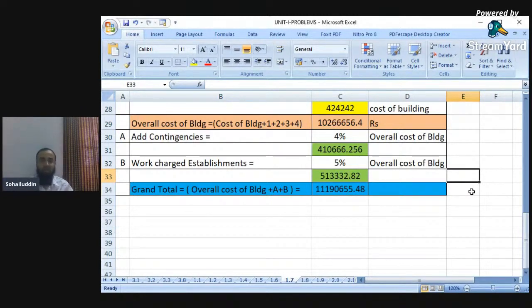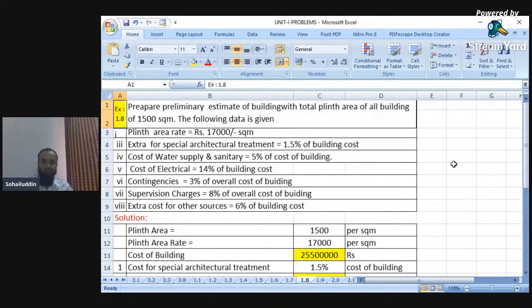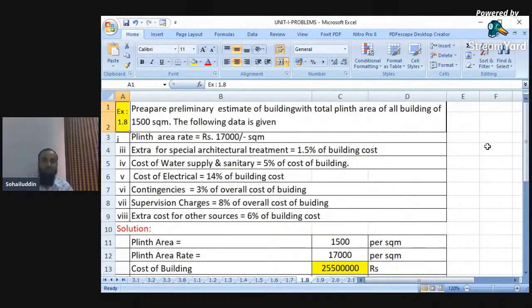Then we multiply by the rate, and then apply different percentages for electrification, special architectural or other sources. Then comes the total cost, and after it some percentage of contingencies and work charge establishment. In this way, the grand total cost has come up to this. There are some different problems also, so we will see some more problems on this.